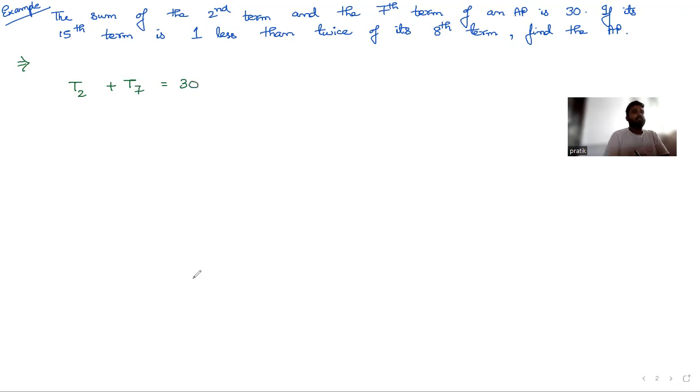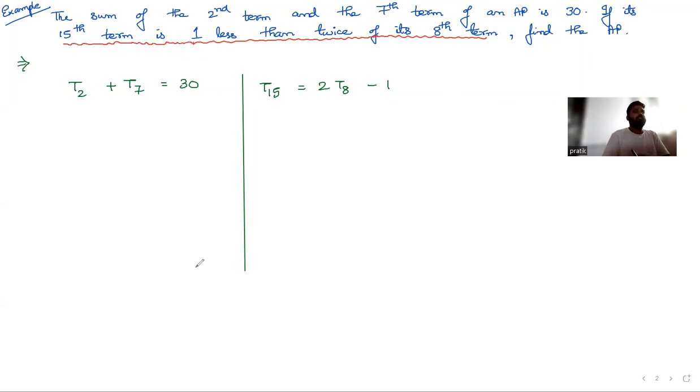And the second condition reads that its 15th term, that is T15, is 1 less than twice its eighth term. So T15 equals twice its eighth term minus 1. That's your second condition.